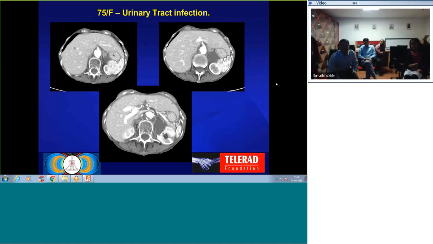There's a question: in what situation will I have to biopsy for HCC? Follow-up for suspicious lesions.